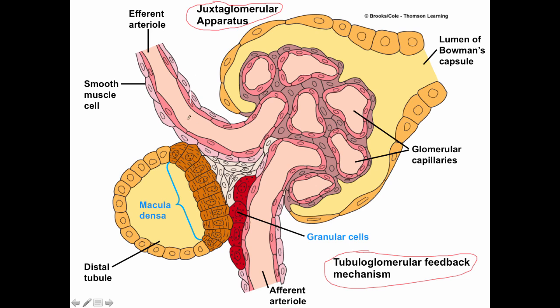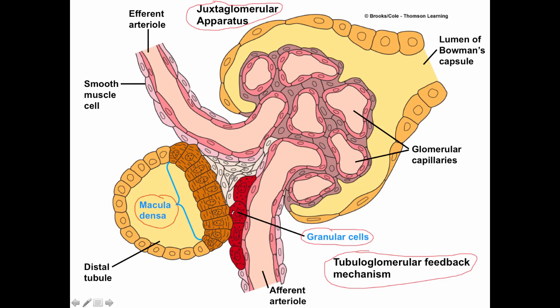Now, if you notice here in the juxtaglomerular apparatus, we have two special types of cells. We have what are called granular cells, which are found on the afferent arteriole. And the cells that are pushed right up against it are macula densa cells that belong to the distal tubule.